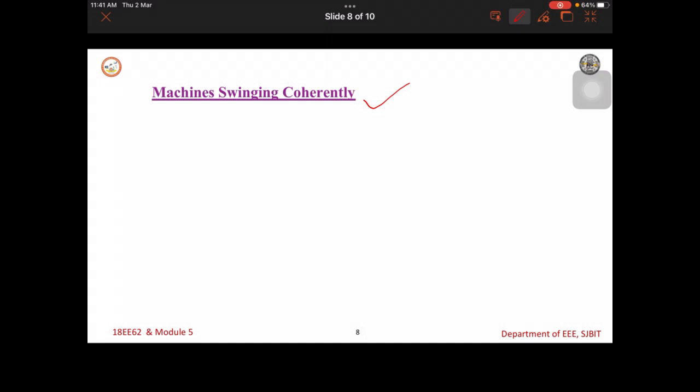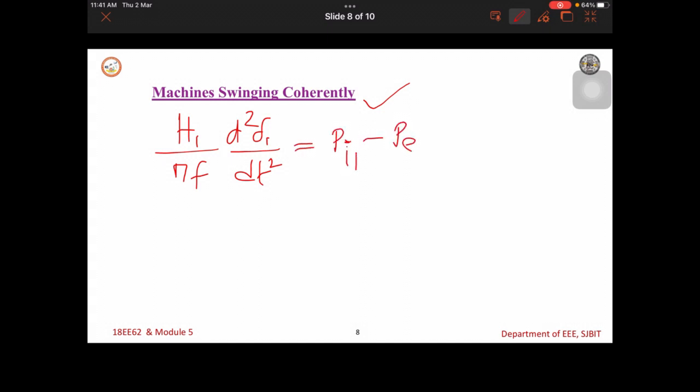Let us consider the swing equations of the two machines on the common base. So, H1 by pi f, where H1 is the first machine inertia constant, d squared delta by dt squared is equal to Pi1 minus Pe1, with suffix 1 to indicate the swing equation of the first machine.